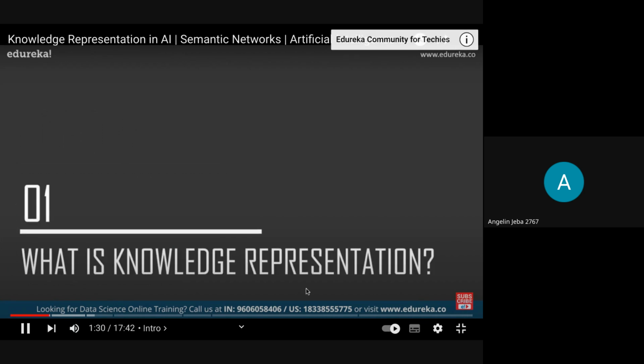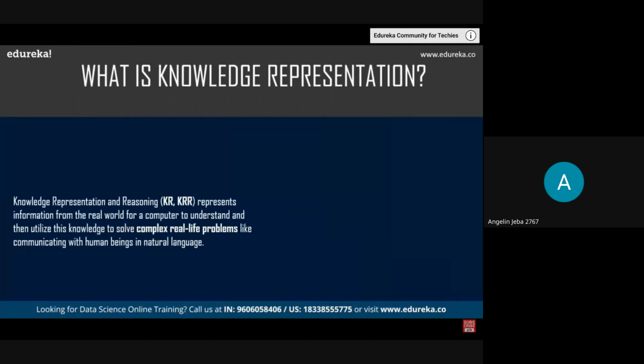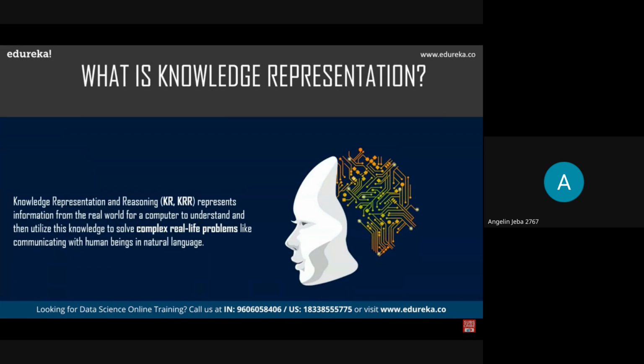So, what is knowledge representation actually? Now, knowledge representation in AI describes the representation of any knowledge. Basically, it is a study of how the beliefs, intentions, and judgments of an intelligent agent can be expressed suitably for automated reasoning. One of the primary purposes of knowledge representation includes modeling intelligent behavior for an agent.